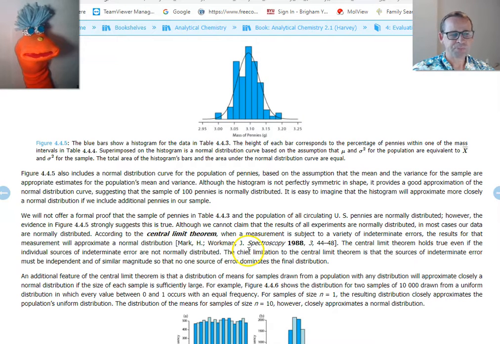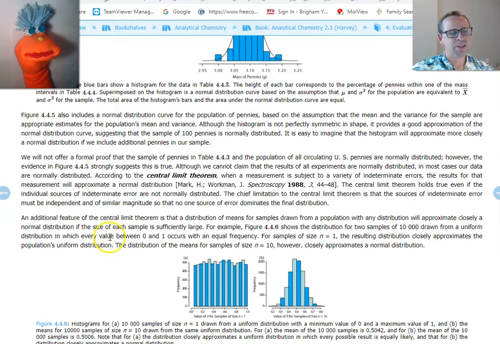And this holds true even if the individual sources of the indeterminate errors are not normally distributed. An additional feature of this theorem is that a distribution of averages for samples drawn from a population with any distribution will approximate closely a normal distribution, if the size of each sample is sufficiently large.